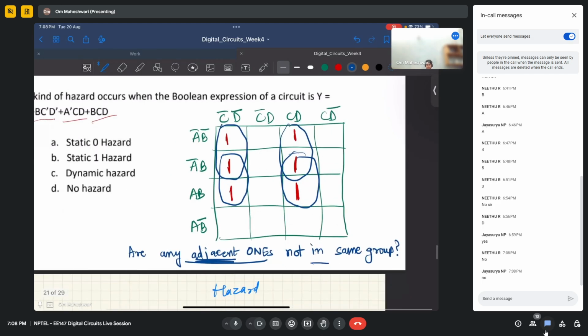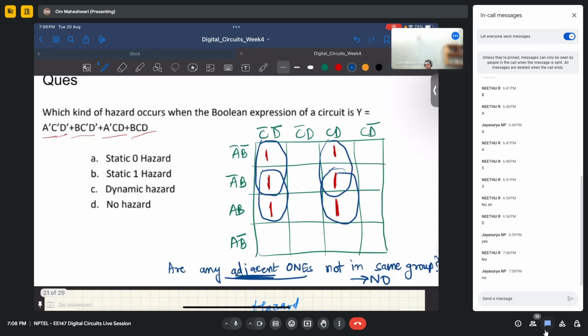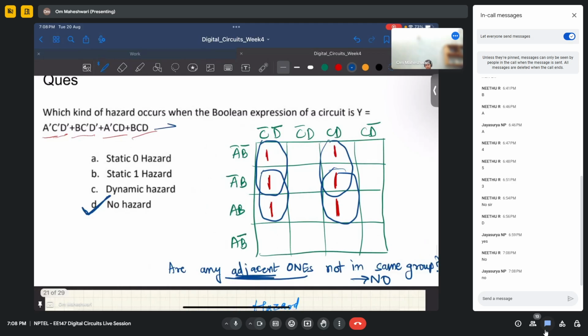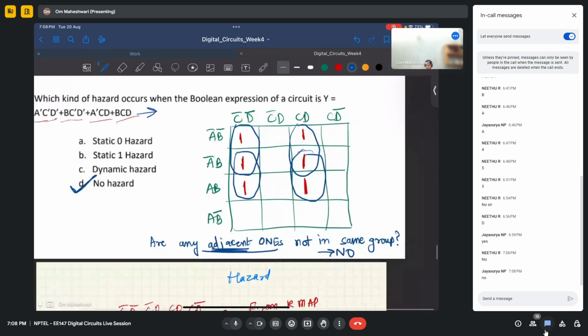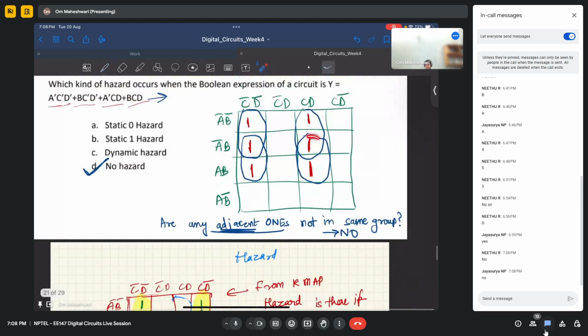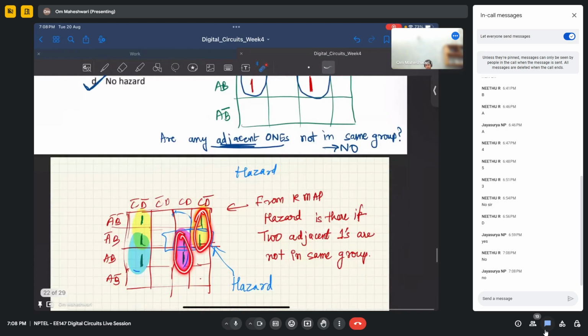No, right? So you will not have any hazard. This expression will not give you any hazard. Whereas if you had something instead of this, let's say it was here, with some shift, then it would have caused a hazard.